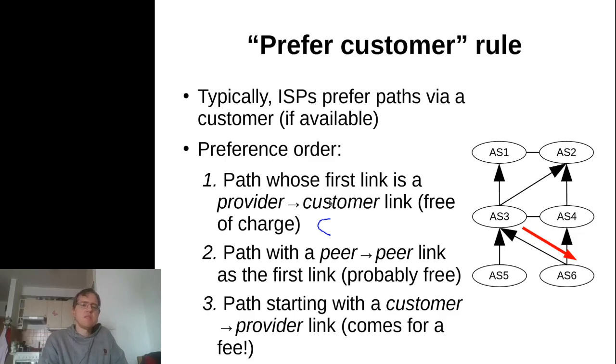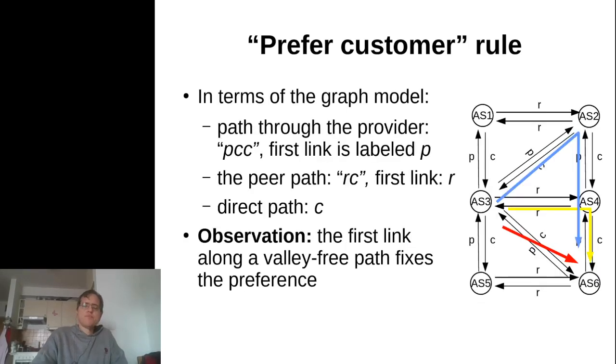If no such path is available, then a path that starts with a link labeled R will be chosen. And if neither a provider to customer link nor a peer-peer link is available, then the AS will use the transit path, because recall this will incur transit prices.